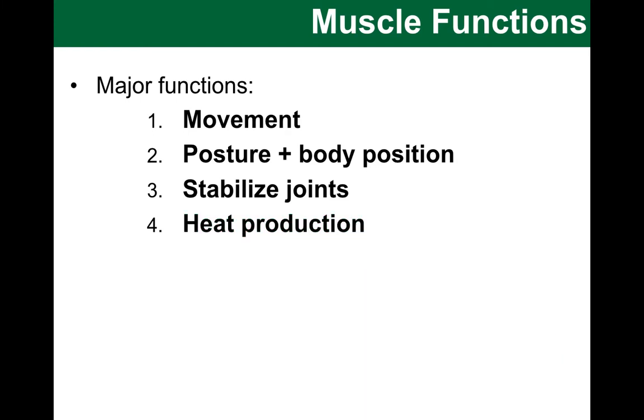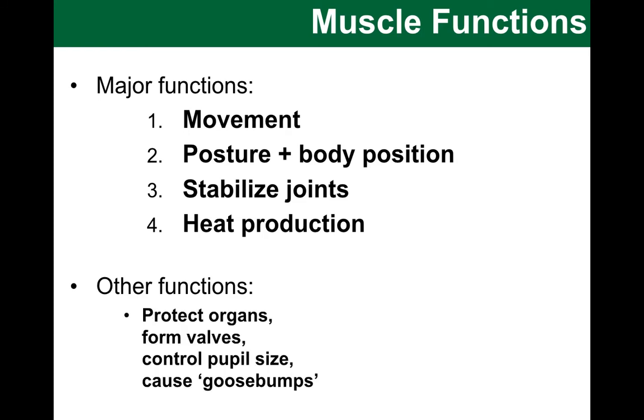So there we have four important functions of muscles, but that is not all. There are a few others that we might add. Think of muscles as they protect your organs, form various valves, control the size of the pupil in your eye, and give you the goosebumps. Remember, we discussed them as the hair standing up thanks to the erector pili muscle.